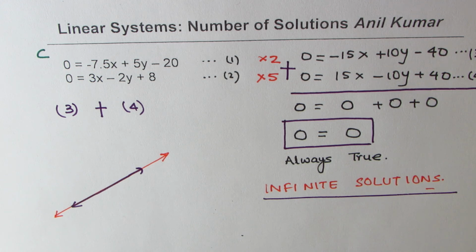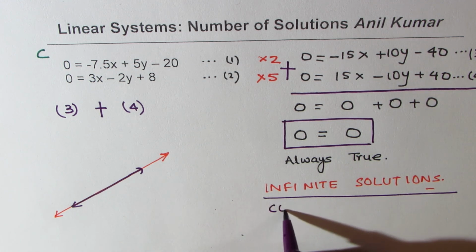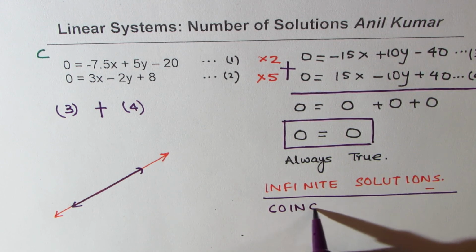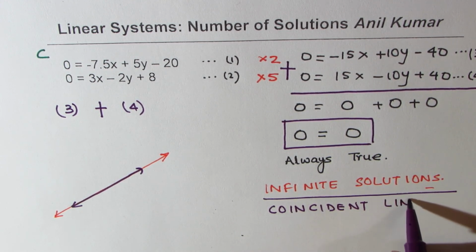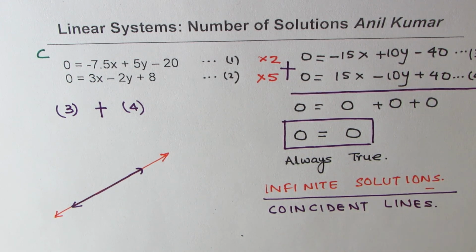These lines are called coincident lines. I hope with these three examples, the concept is absolutely clear. If the slope is the same and also the y-intercept is the same, in that case the lines are coincident and they will have infinite solutions.